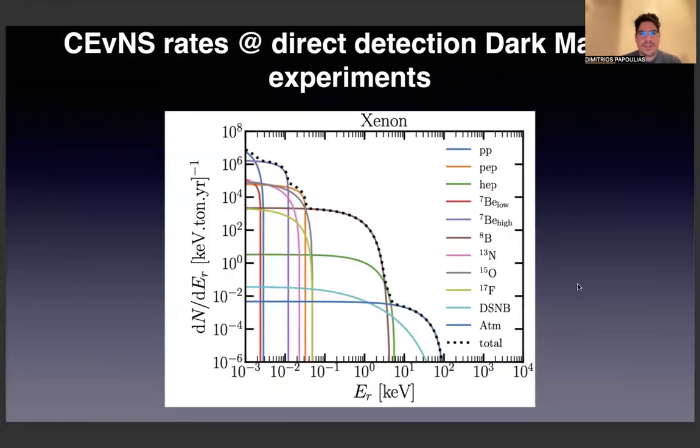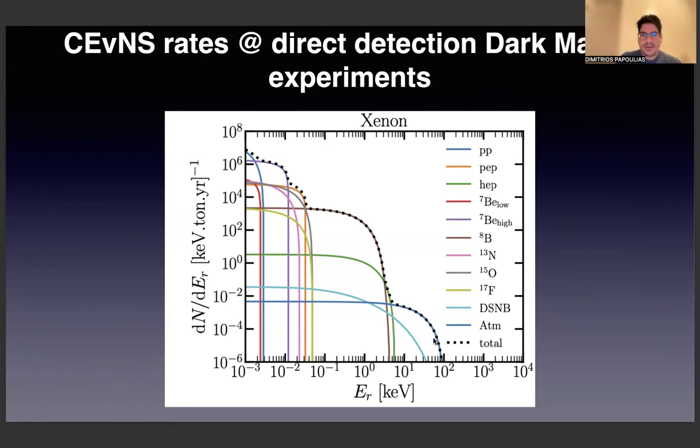So back to CEvNS rates, I present here a typical spectrum of differential events broken down by the various components of solar neutrinos, the diffuse supernova, which is here, and the atmospheric neutrinos, which is here.